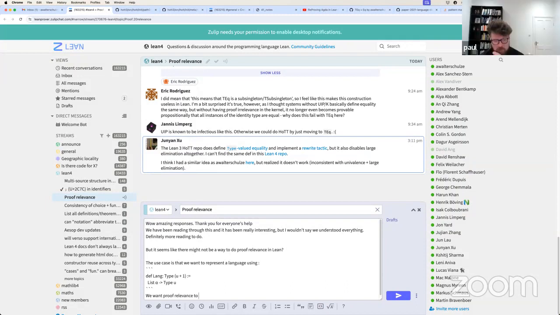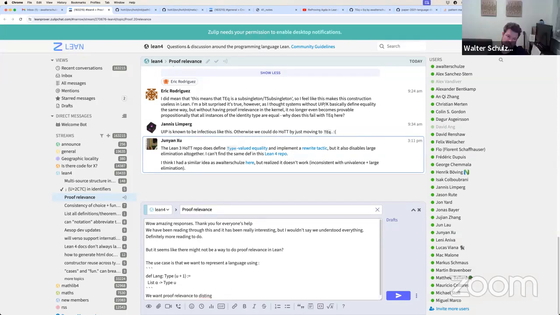We want to distinguish between different parses. Just type letters, you'll figure it out.